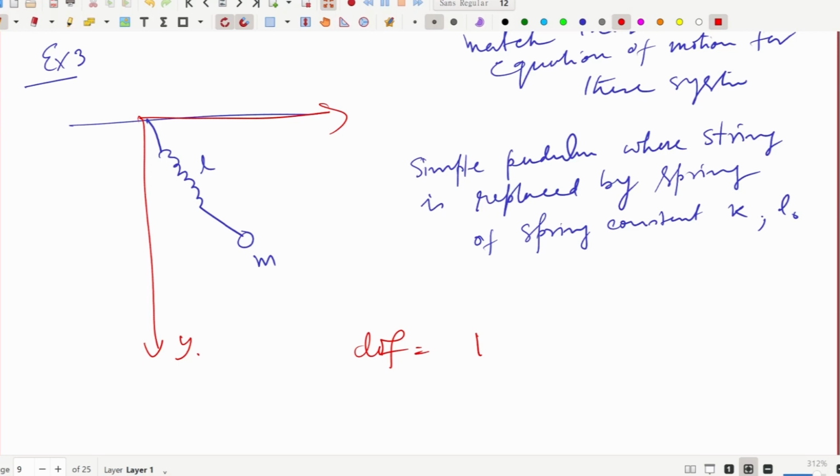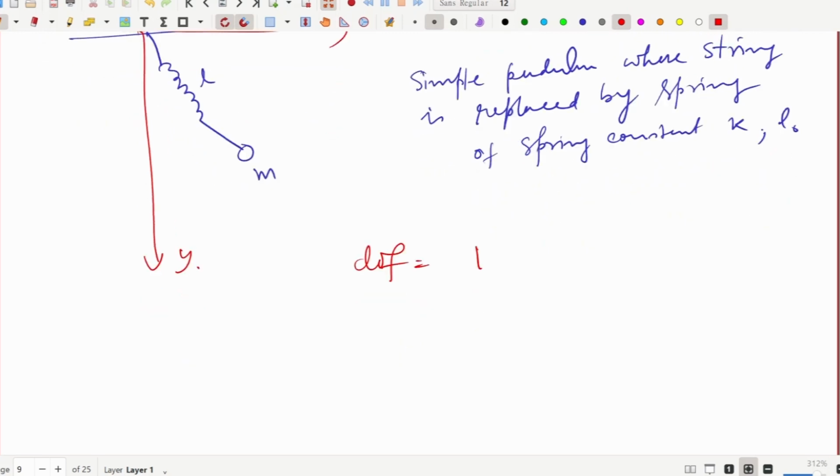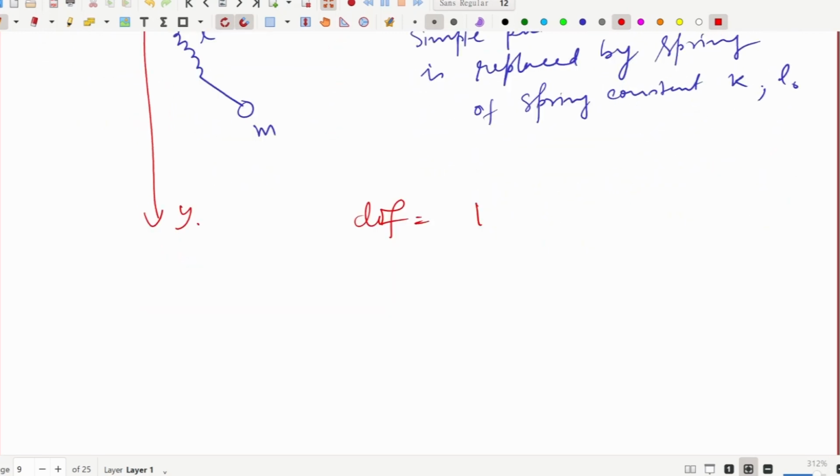Let me write at any time x and y, the position of this. Then the kinetic energy will be half m (x dot square plus y dot square), and the potential energy will be minus m g y.